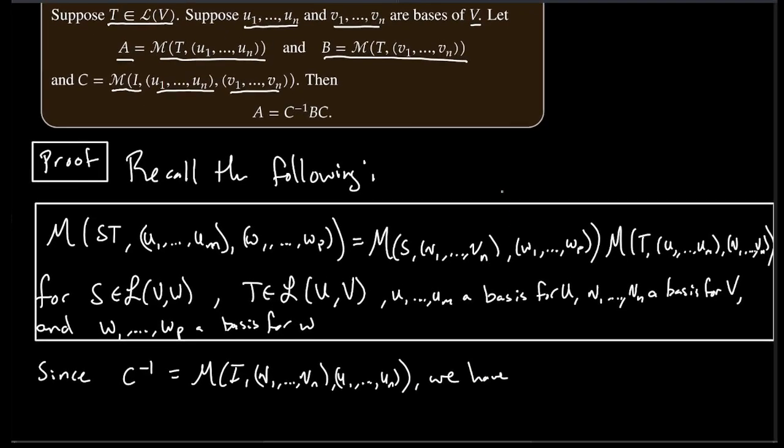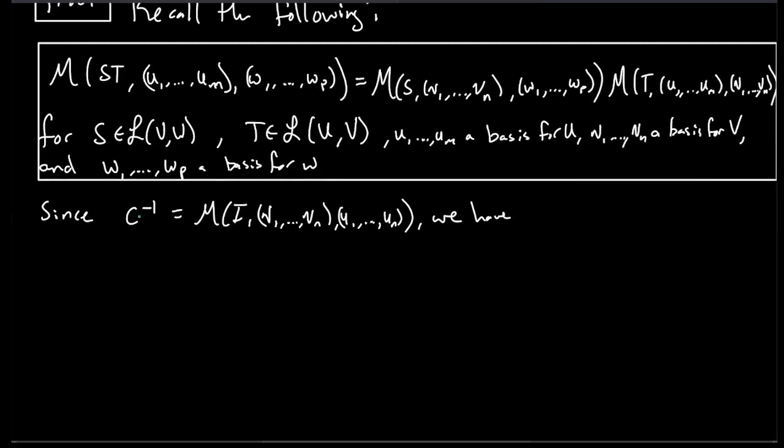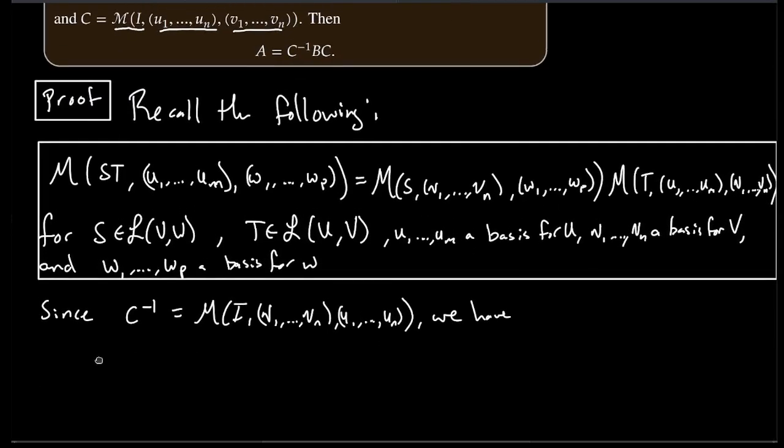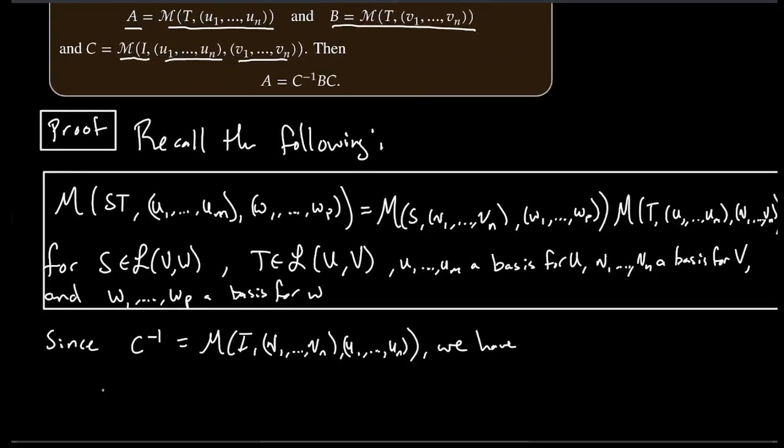Instead of writing U1 through UN and V1 through Vn and so on, I'm going to write them just as U and V. If you want to be entirely clear, we should use V1 through Vn and U1 through UN, but it will get way too long if I do that, so let's just not.